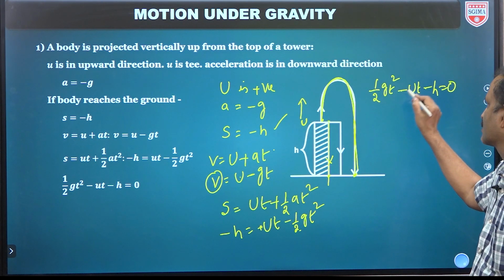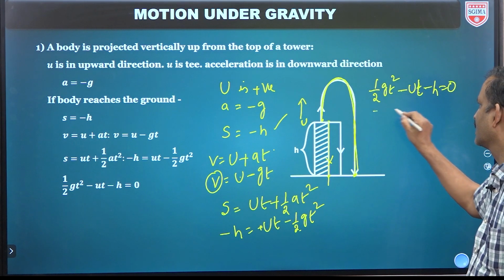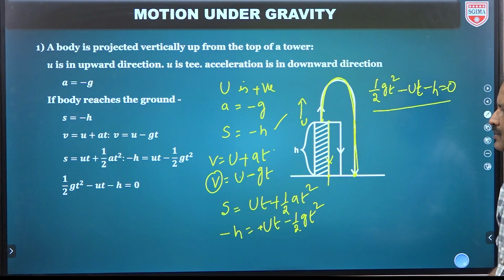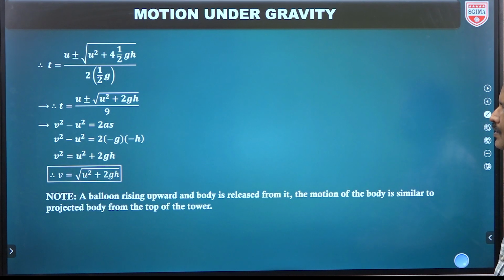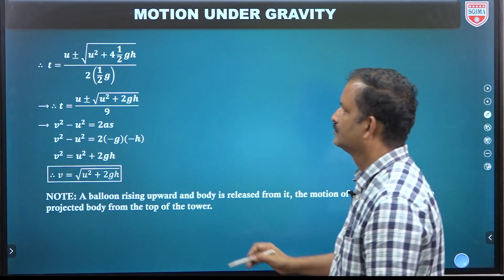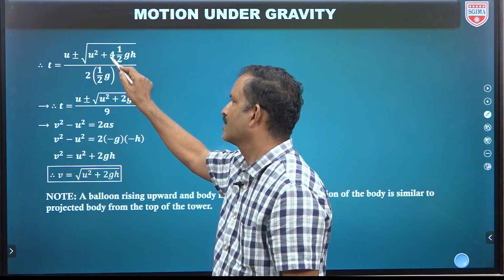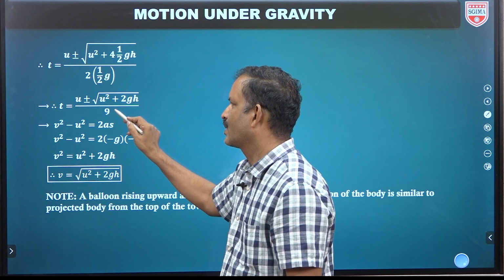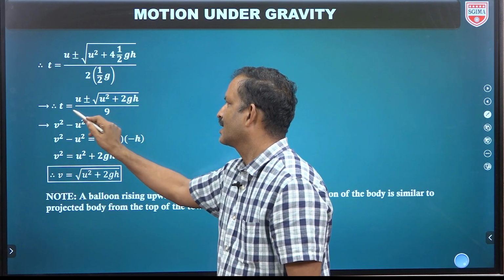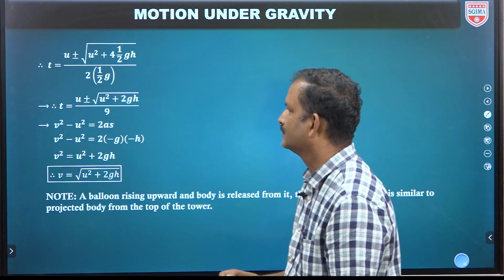Then if you solve this quadratic equation, you will get the t value, the time taken to reach the ground. Apply the formula minus b plus or minus root of b square minus 4ac, and you will get the time taken to reach the ground.